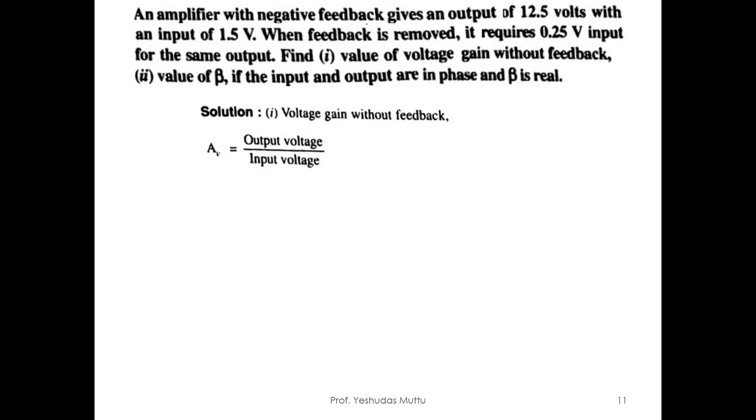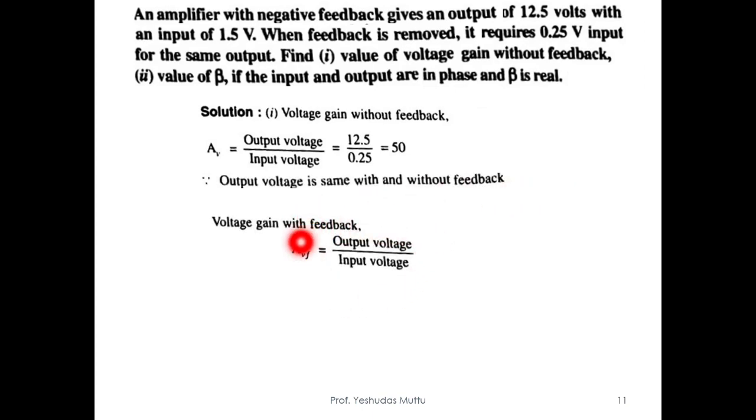So A V is equal to output voltage upon input voltage. Substitute: output voltage is 12.5, upon input voltage without feedback, which is 0.25. So solve this, check whether you all get this. Let's move to the next part.